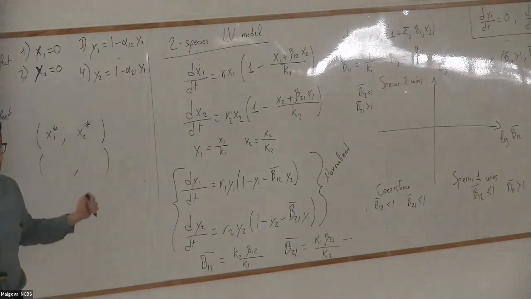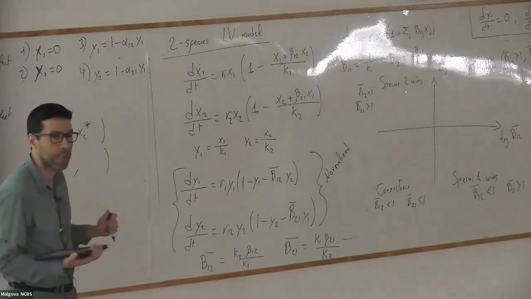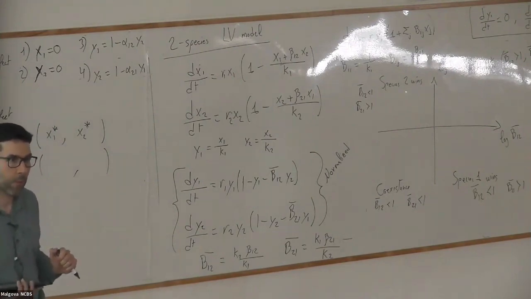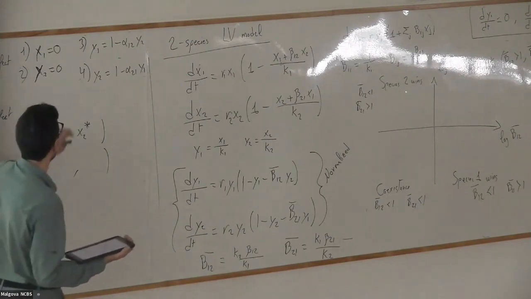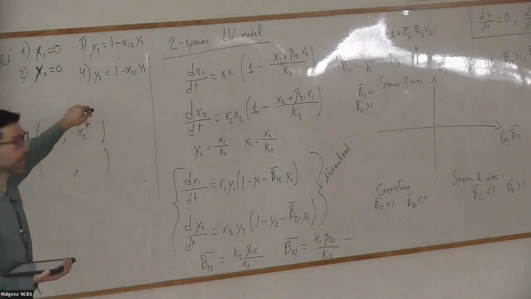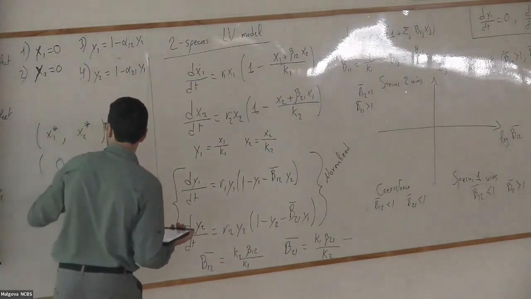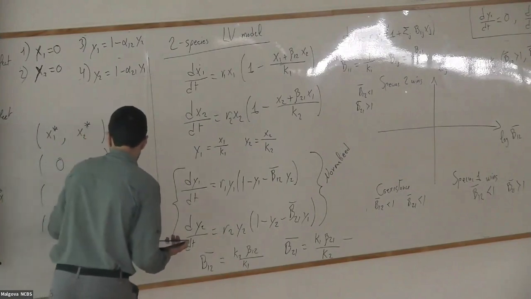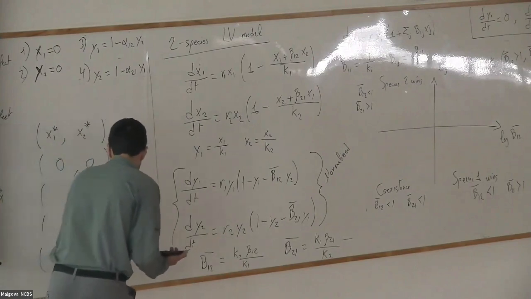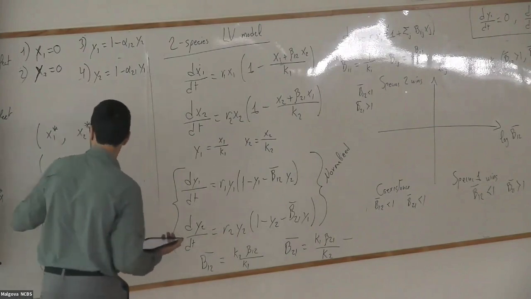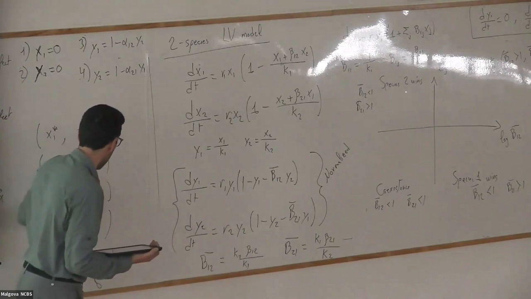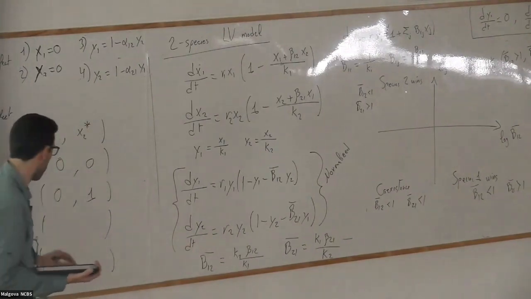So by combining all of this, how many fixed points can we find? 4, that's right. One of them will be 0, 0, right? The other one is at the carrying capacity, that in the normalized version is 1.